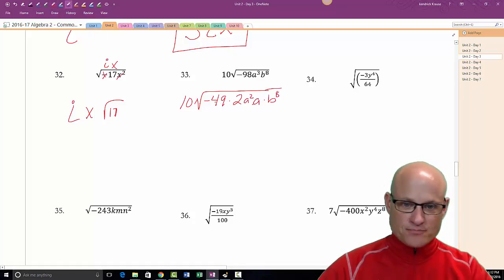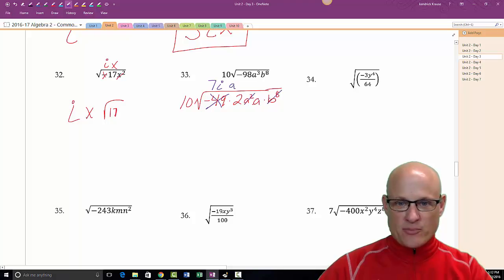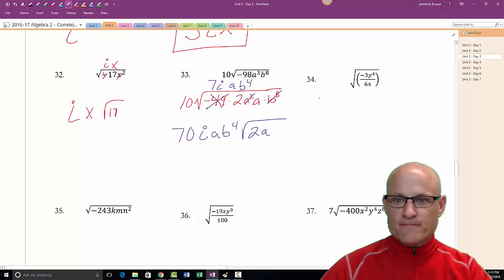The square root of negative 49 is 7i. The square root of a squared is a, and the square root of b to the 8th is b to the 4th. So nothing new except for that i. So this is 7i a b to the 4th square root of 2a.